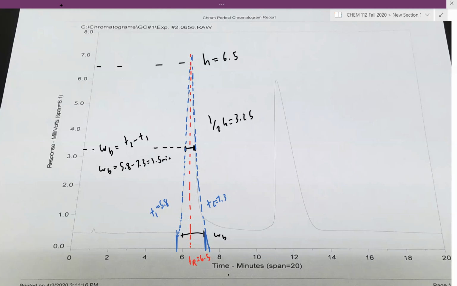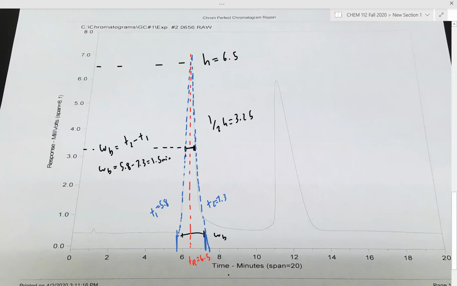Let's calculate the width at 1/2 height now. The width at 1/2 height is closer to 6.9 minus 6, which gives us 0.9 minutes.